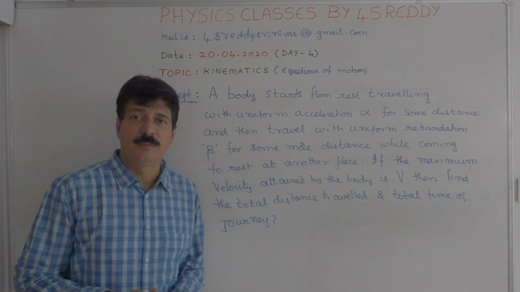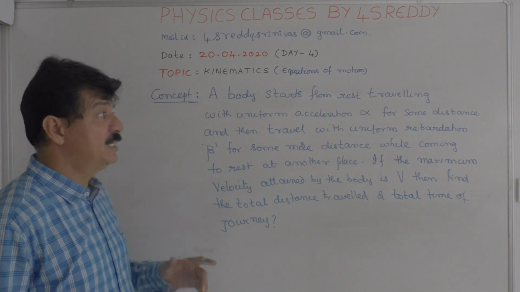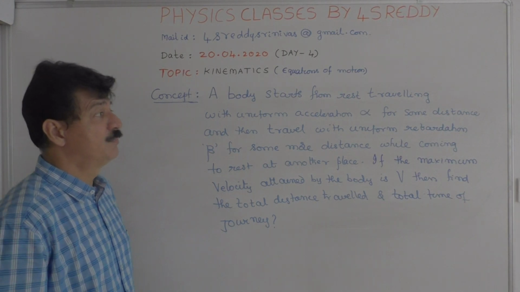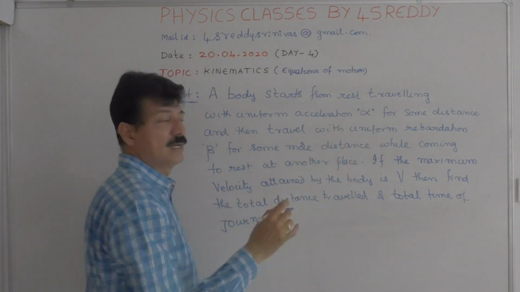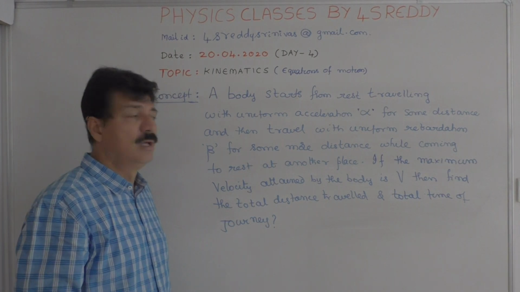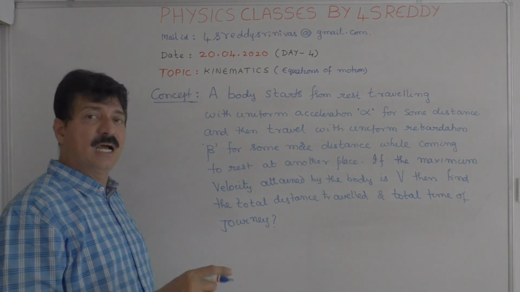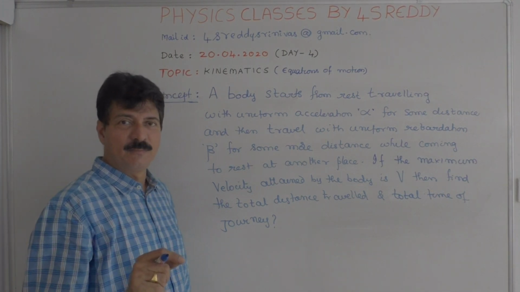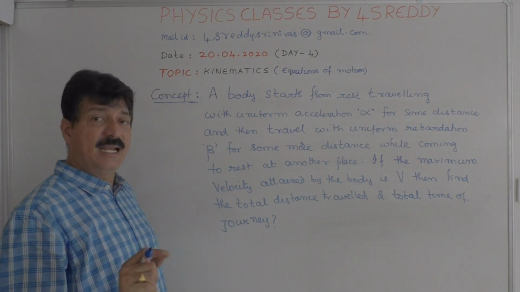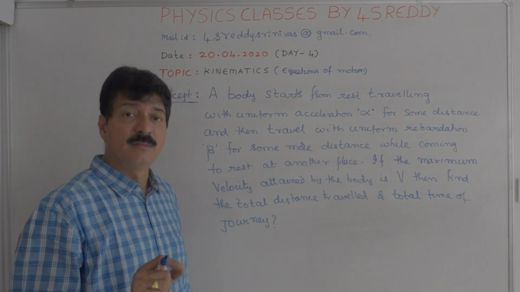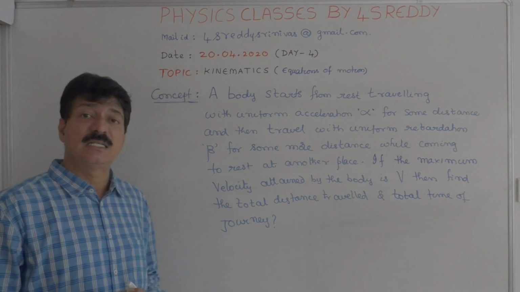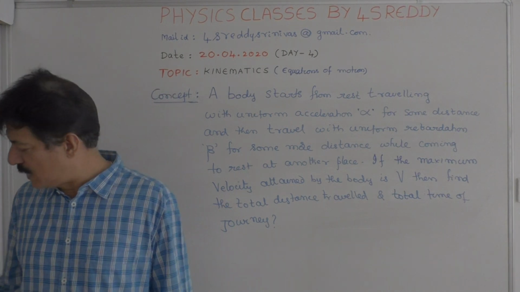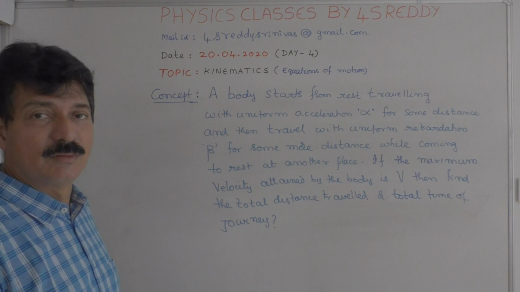So, this is another important question. If you can observe, a body starts from rest, traveling with uniform acceleration alpha for some distance and then travels with uniform retardation beta for some more distance while coming to rest at another place. If the maximum velocity attained by the body is capital V, then find the total distance travelled and the total time of journey. Suppose you are given like this, then how to solve?